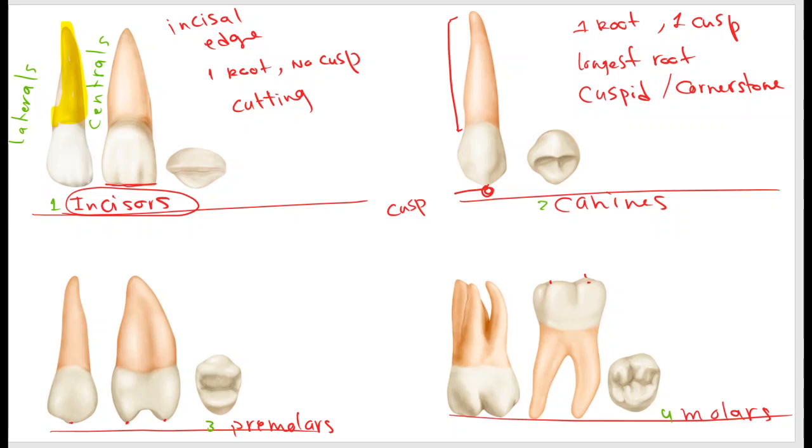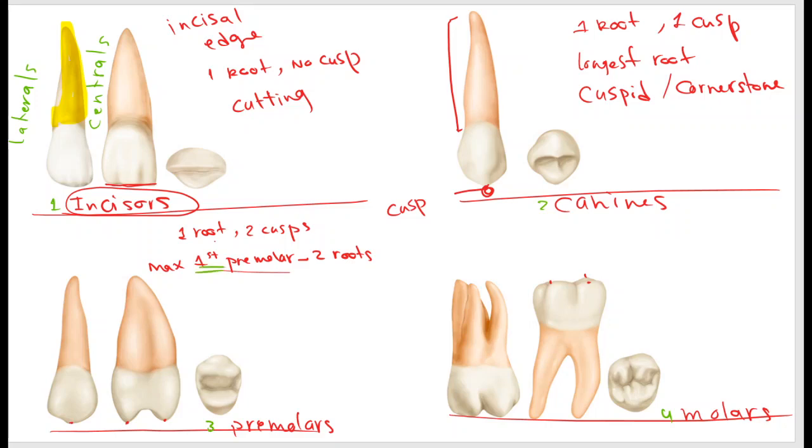The premolars usually have 1 root and usually 2 cusps. If you remember, the maxillary first premolar usually has 2 roots. So most of the premolars have only 1 root, but the maxillary first premolar has 2 roots.